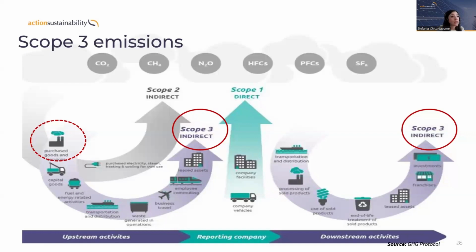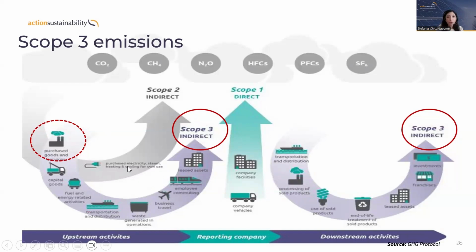Franchises here are emissions from operations of franchises that you as a company do not directly own or do not operate. And finally, investments, which are emissions from investments that your company holds in other businesses. For example, your company might be investing in a coal mine, or it might be investing in oil production, or in any sector. Okay, that's going to fall under the investments category.